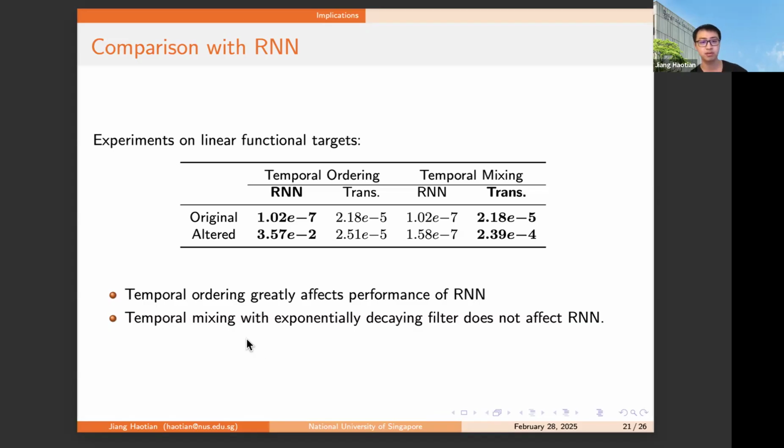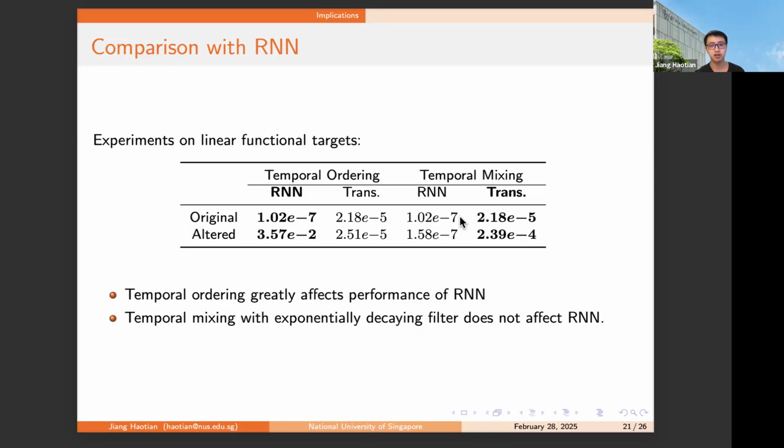However, if we consider temporal mixing with an exponentially decaying filter, it will not affect the performance of the RNN. However, this temporal mixing will affect the performance of the transformer.